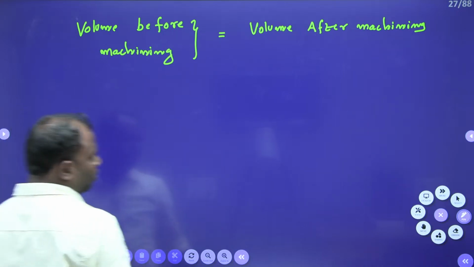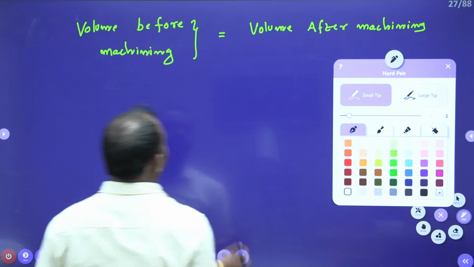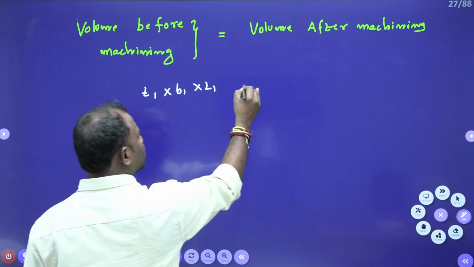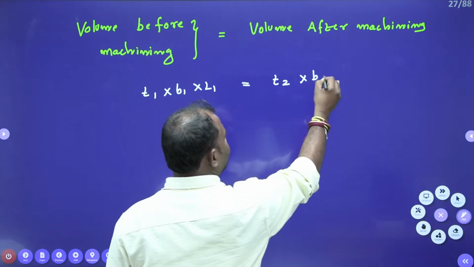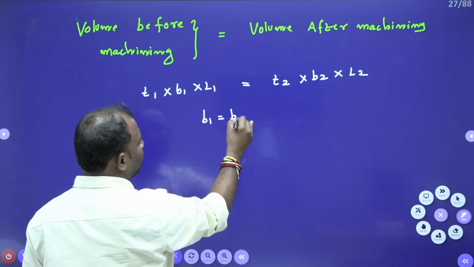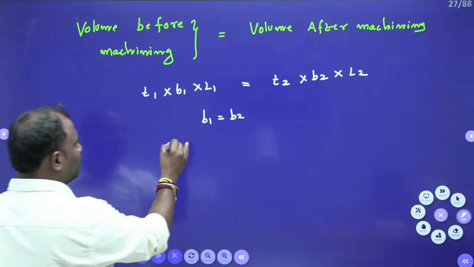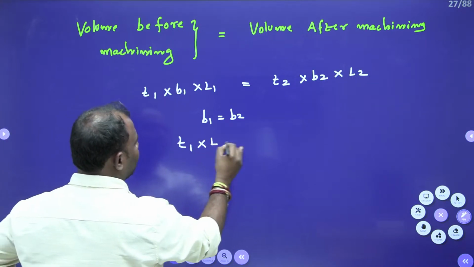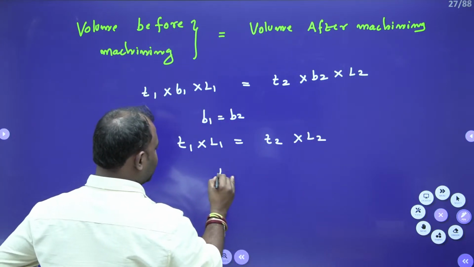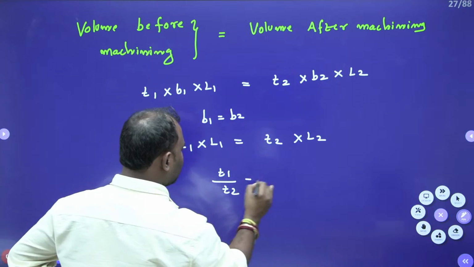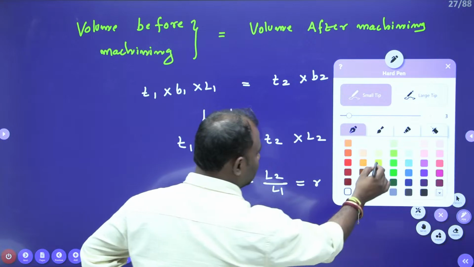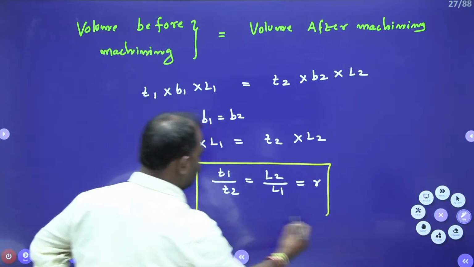Now let me go for that. That is T1 into B1 into L1 is equal to T2 into B2 into L2. Here B1 equals B2 in machining, so we get T1 into L1 is equal to T2 into L2. So I can write my equation T1 by T2 is equal to L2 by L1, that is equal to R. This is one relation, isn't it, guys?